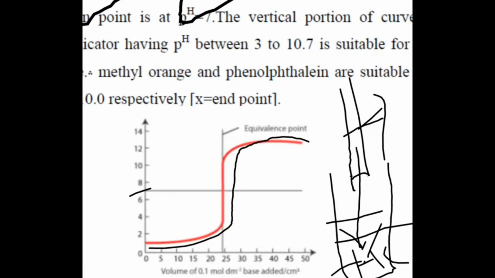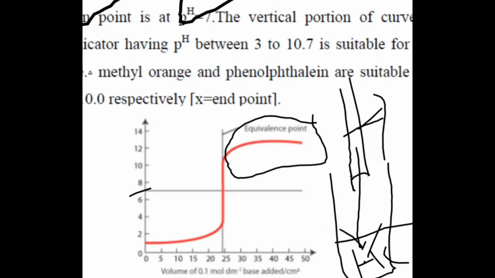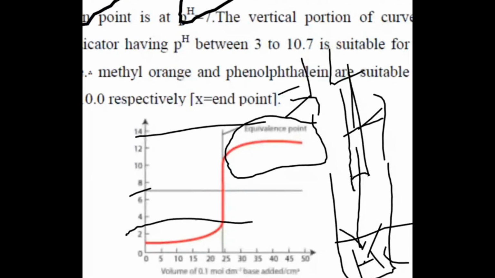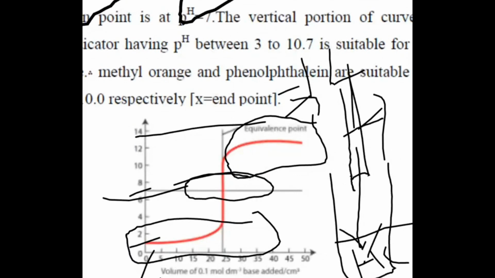In the vertical axis, this plot is for the strong base where the pH is around 14, and this plot is for the strong acid, where the pH starts from 1. The point of neutralization is 7.